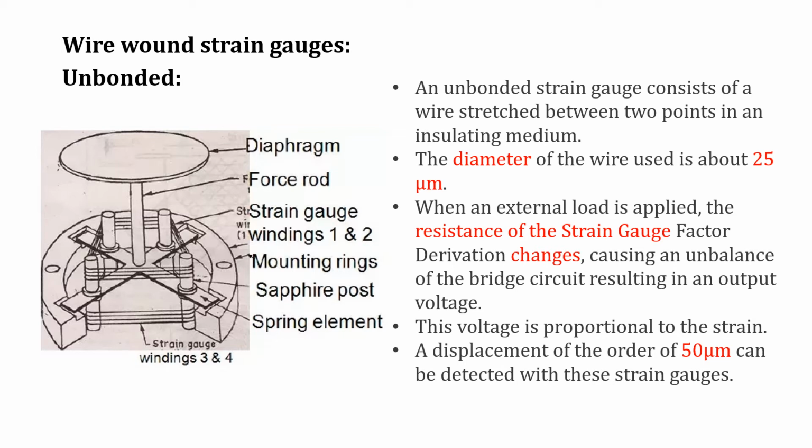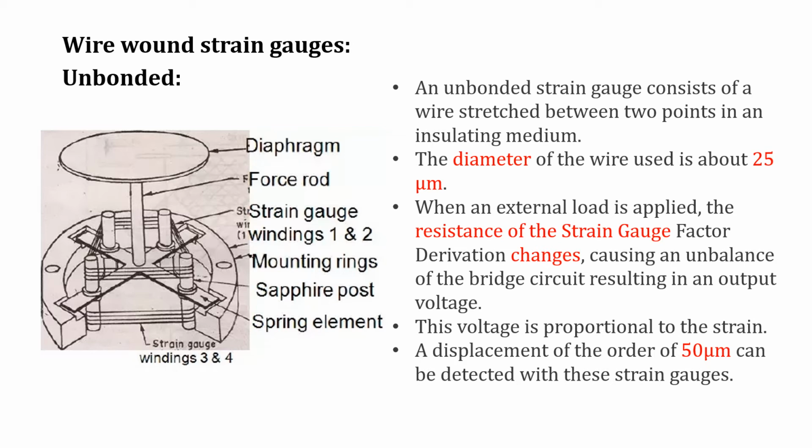Whenever an external load is applied on the diaphragm, the resistance of the strain gauge changes, causing an unbalance of the bridge circuit, resulting in an output voltage. The output voltage is proportional to the strain.